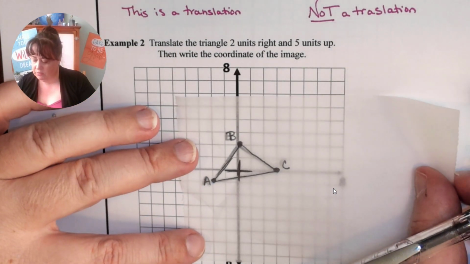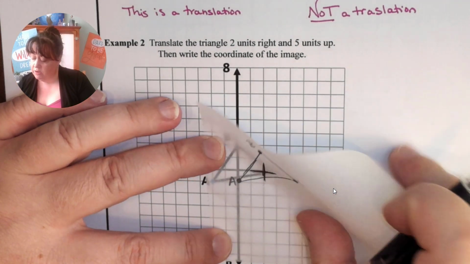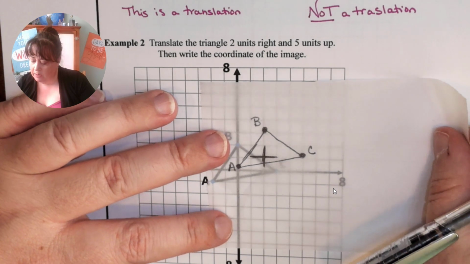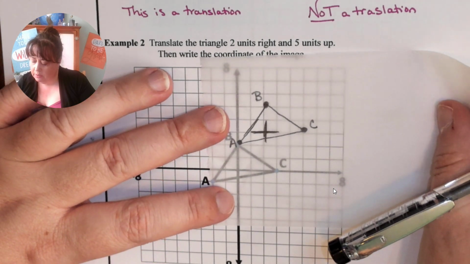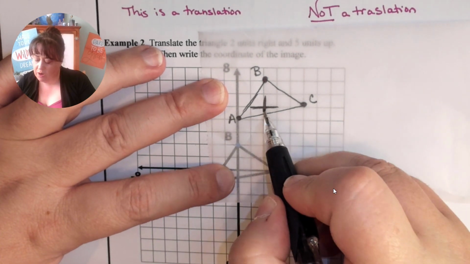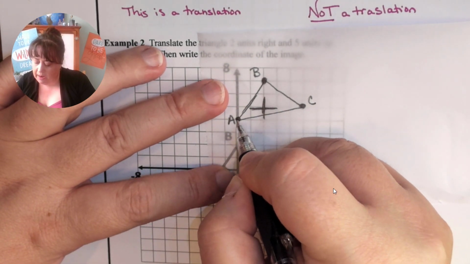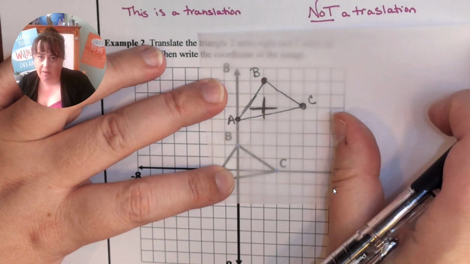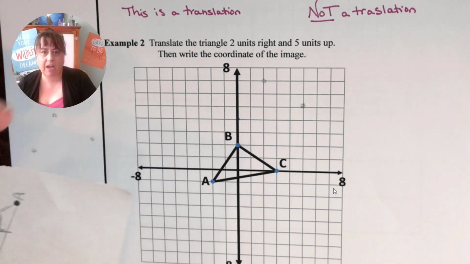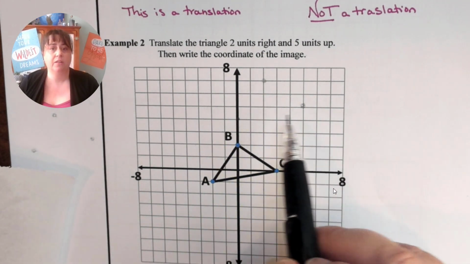So we went 2 units right, 1, 2, and then 5 units up, 1, 2, 3, 4, and 5. And I'm going to make sure I'm perfectly centered on that. And then I'm going to color over my dots again and watch what happens. Do you see how I put them very faintly right there? What it did was it transferred the graphite.